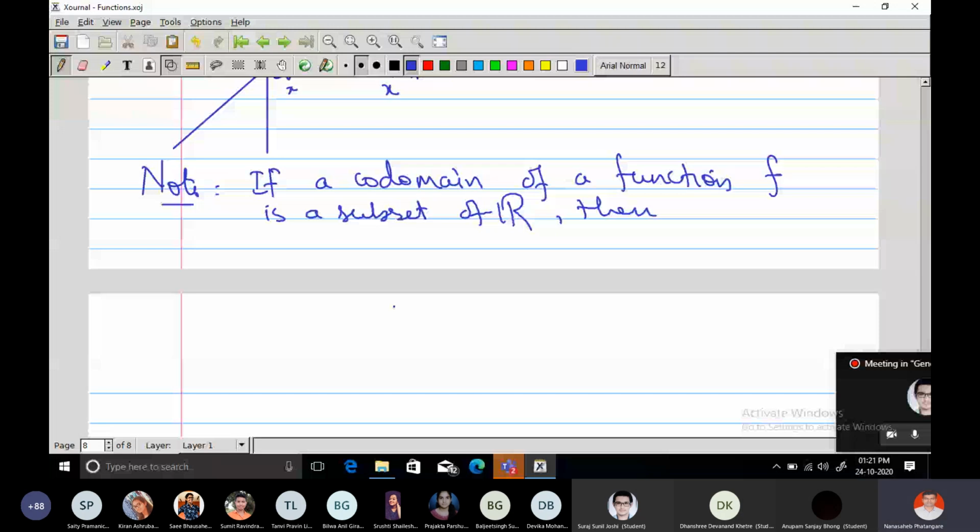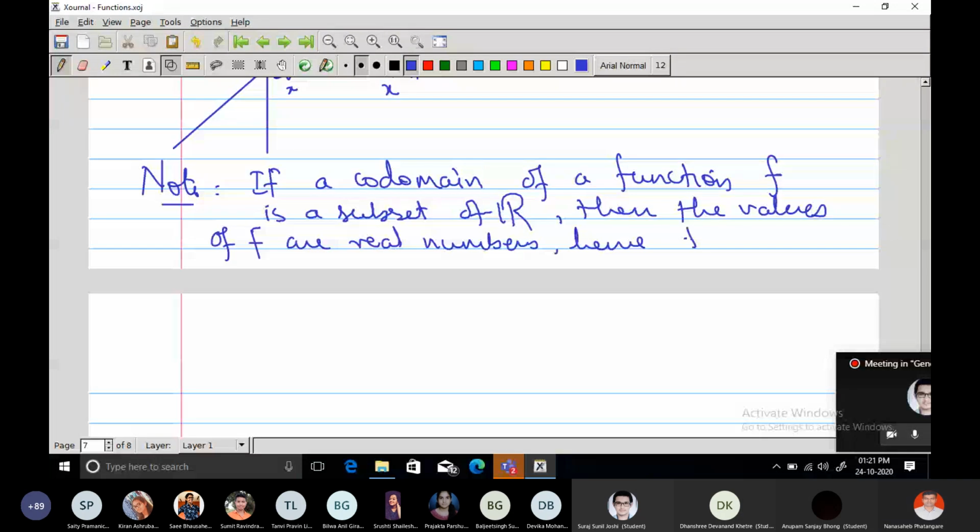And hence the function is called a real valued function.